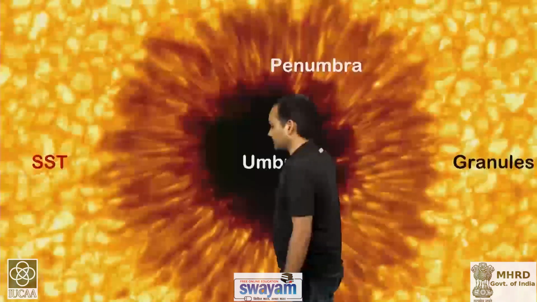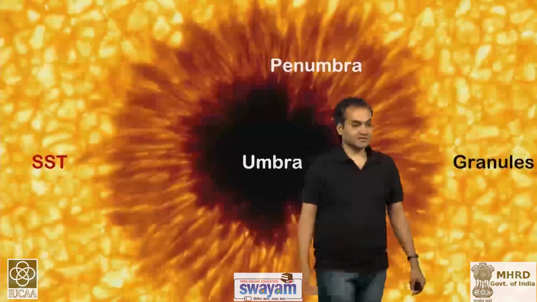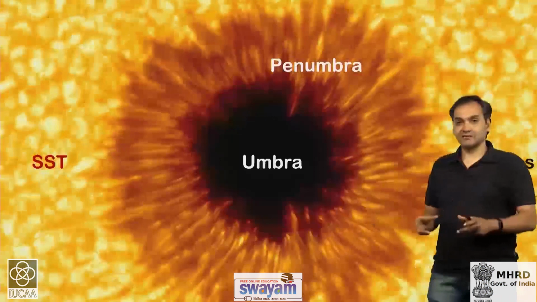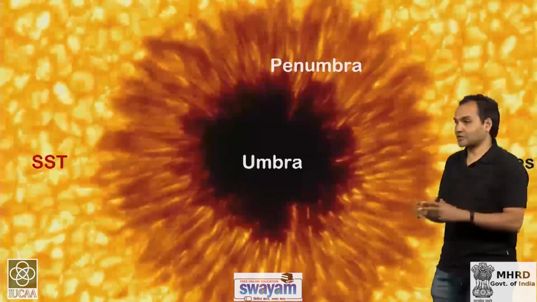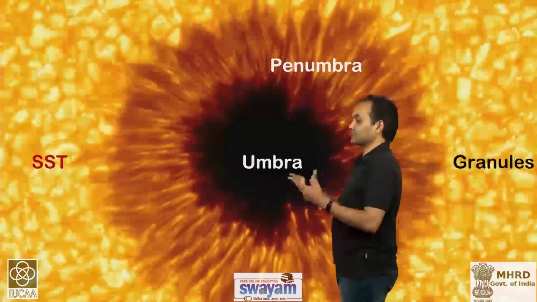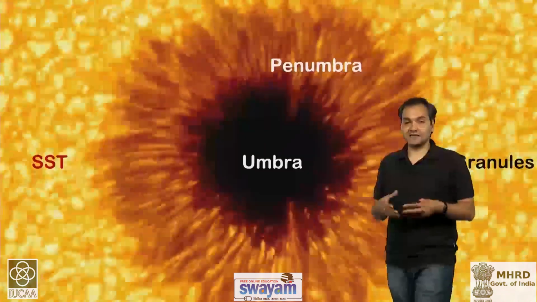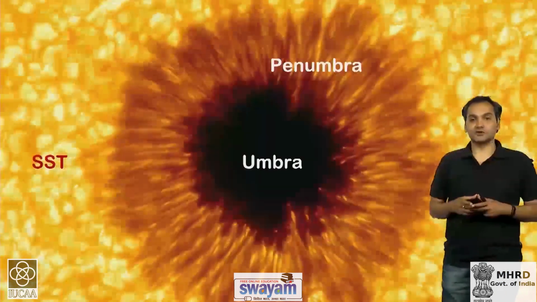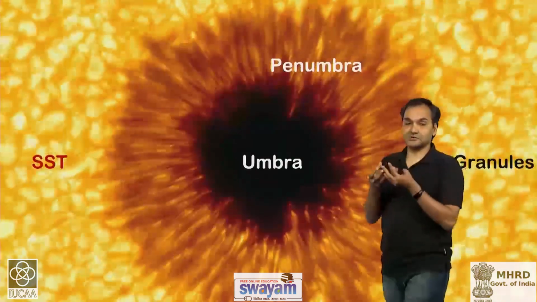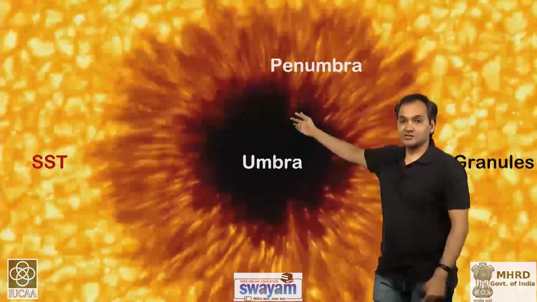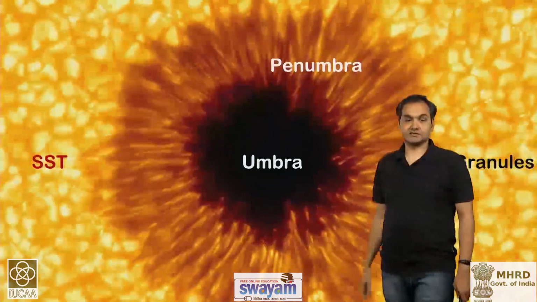Also, for magnetic buoyancy to work, you need a very strong magnetic field, and due to pressure equilibrium the temperature inside that tube has to be lower. That tube pops out and becomes a sunspot, and because the temperature is lower, the sunspots are dark.